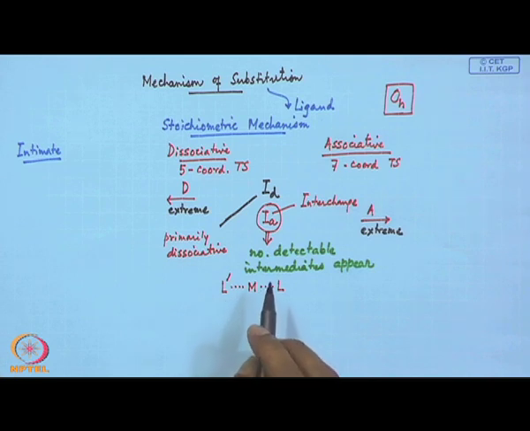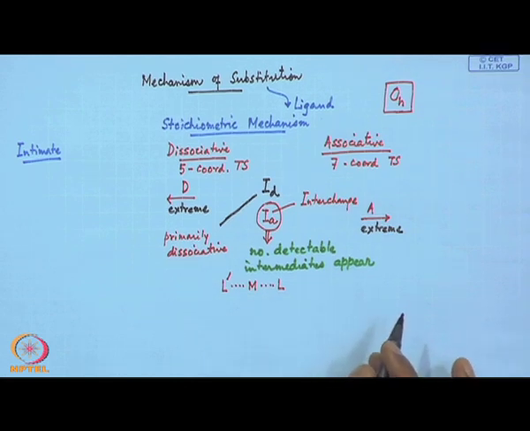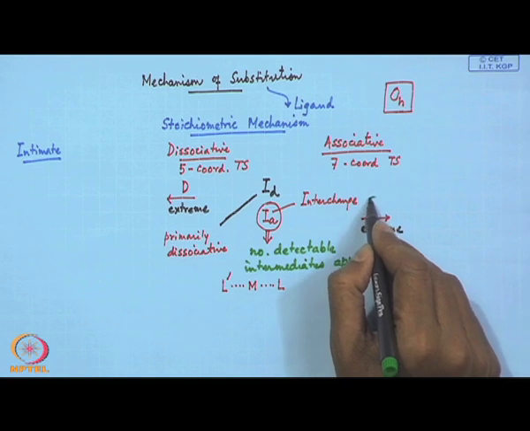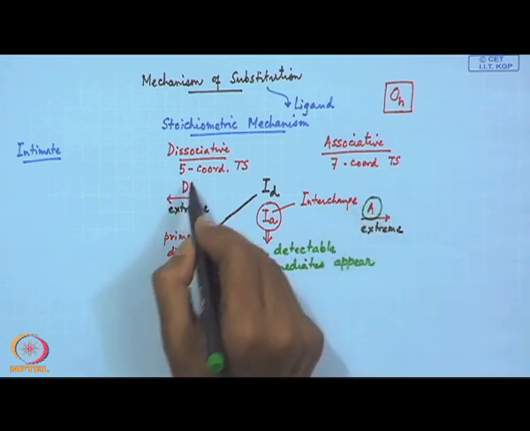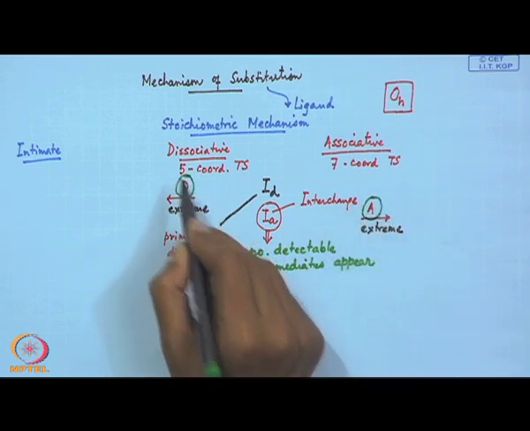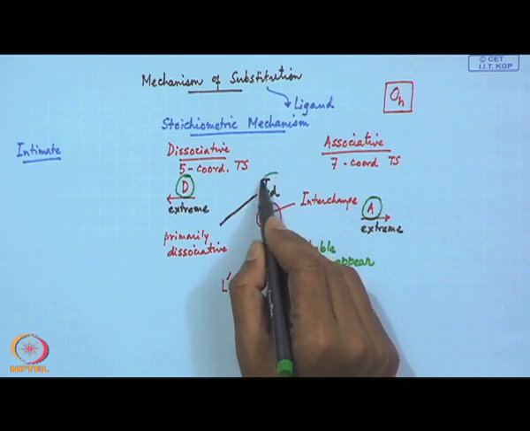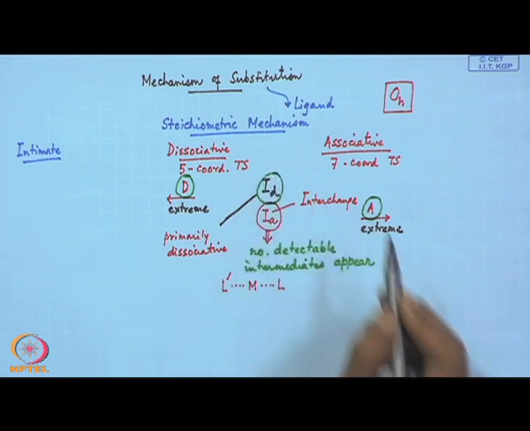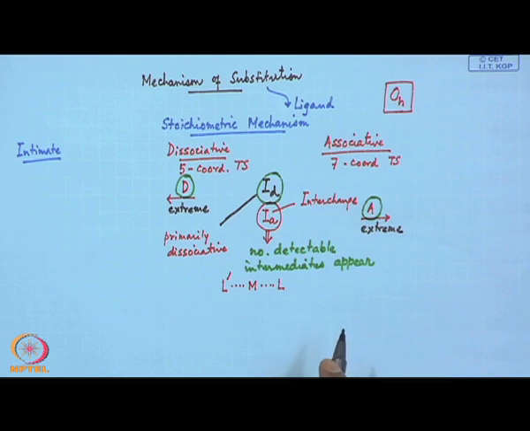So, there are many reactions which can be described as Ia and Id mechanism rather than typical A and D. Therefore, we can consider reactions with D and A at the two extreme ends, or the two intermediate cases Ia and Id.